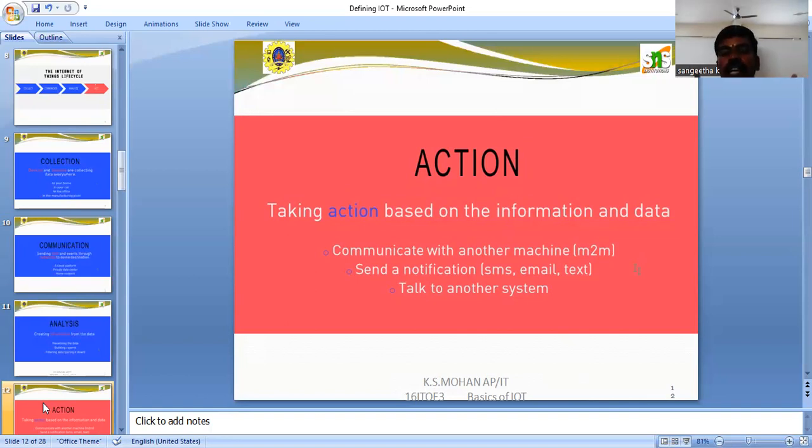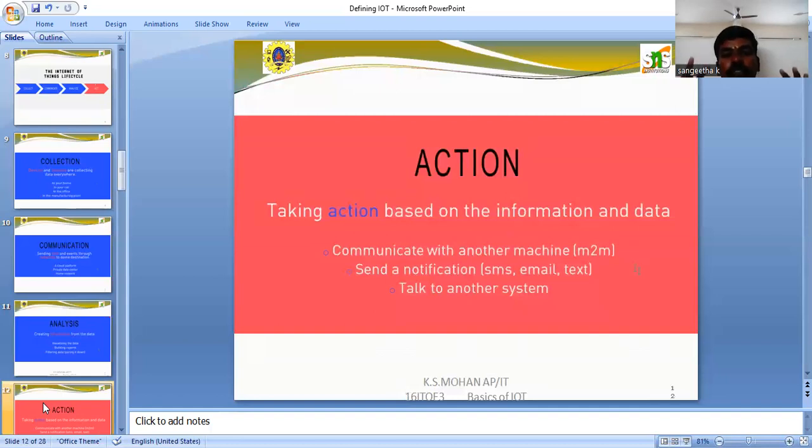This machine is identified and that information is transferred to another machine, including what kind of information is to be transferred when that particular farming land requires irrigating.